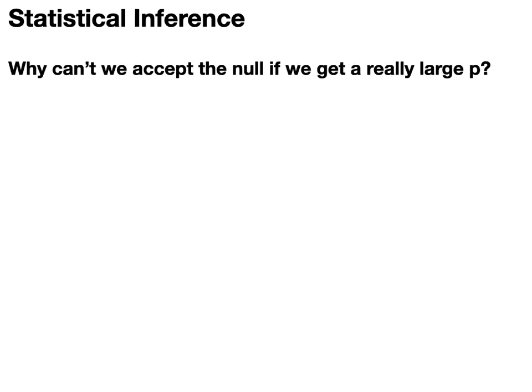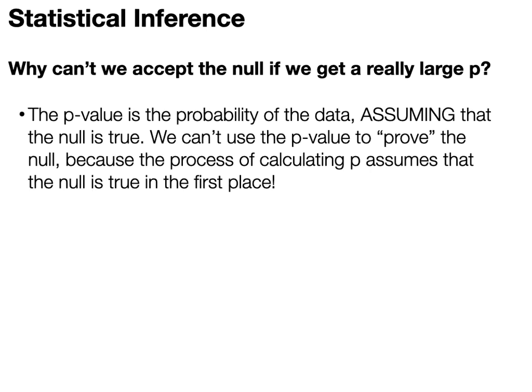So why can't we accept the null if we get a really large p-value? Well, remember, the p-value is the probability of getting the data you got, assuming the null is true. We can't use the p-value to prove the null because the process of calculating the p-value assumes that the null is true in the first place.